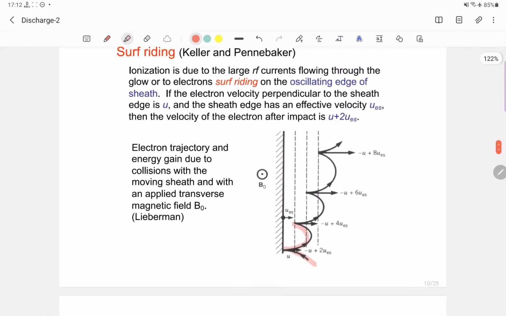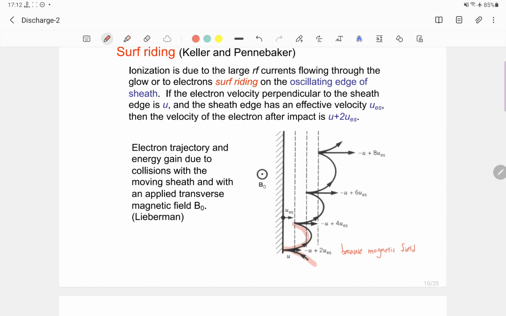So here, this part is an electron coming toward the surface with the velocity of u, and then the edge of the plasma sheath. When the electron collides with the moving sheath, the electron will be reflected back.